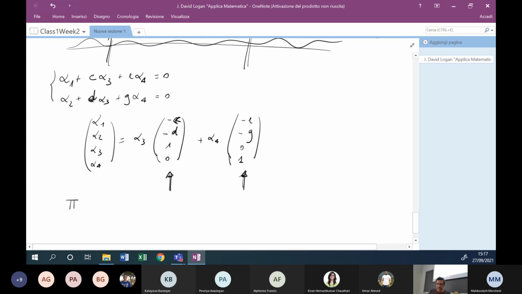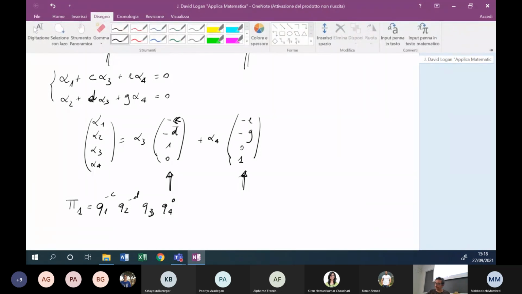I will call pi 1. Remember that the pi's are combinations of Q1, Q2, Q3, and Q4. So this is the combination Q1 to the power minus C, Q2 to the power minus D, Q3 to the power 1, and Q4 to the power 0. So let me cancel Q4.